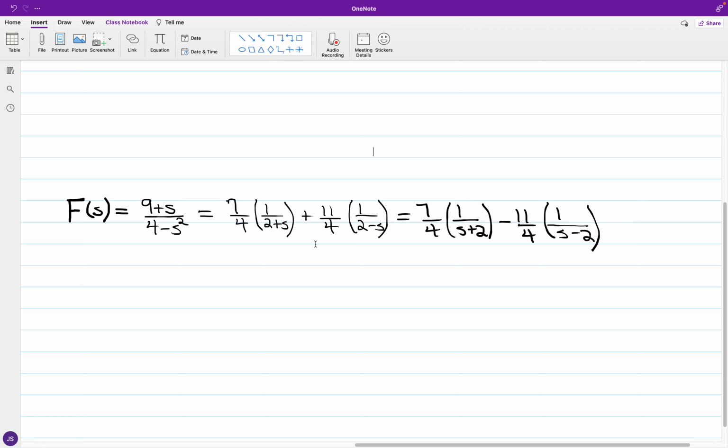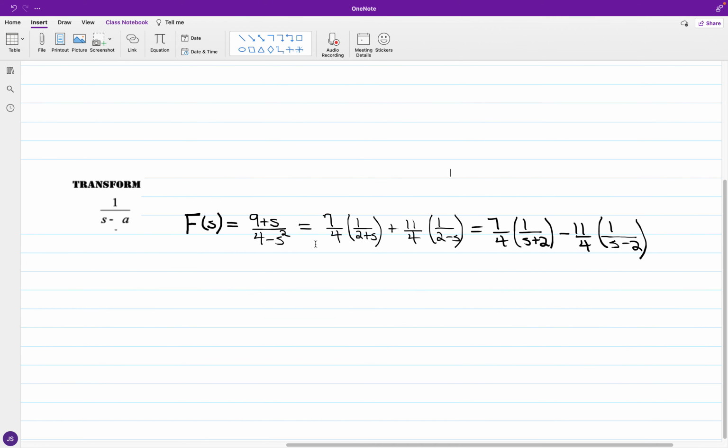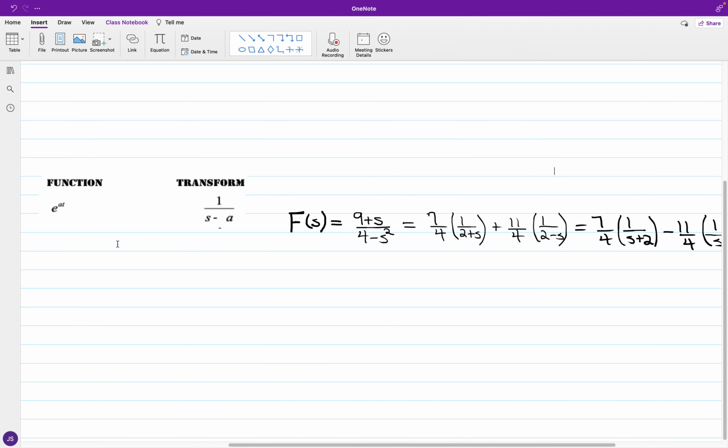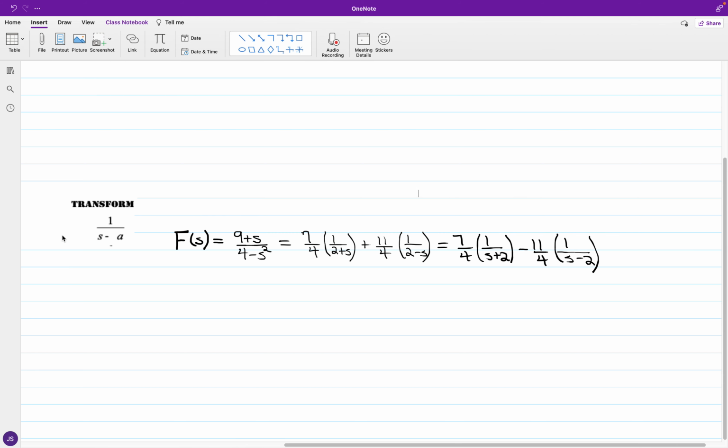And for the first order binomials that we have in s, again referencing the transform of s minus a, this will correspond to the function in terms of the natural logarithmic exponential base.